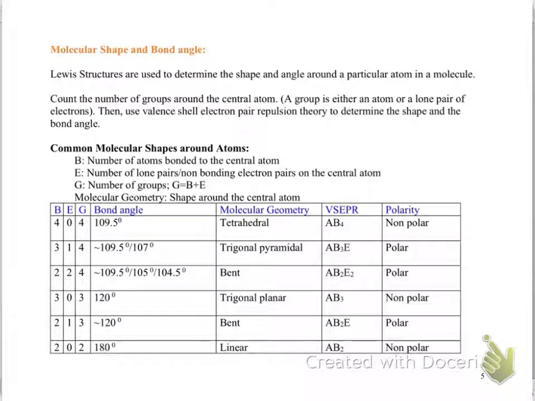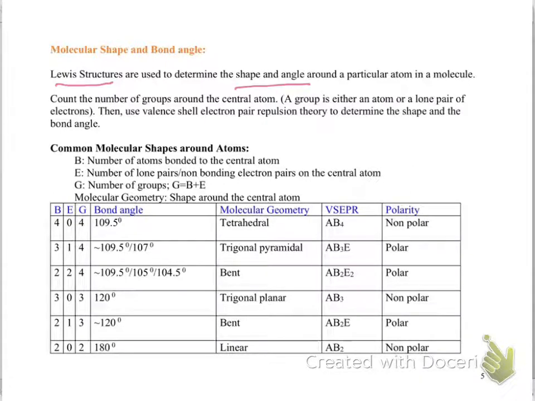Lewis structures help us to understand the physical and chemical properties of an element or of a molecule. And looking at the Lewis structure, you can also determine the shape and the angles a particular atom has within the molecule.